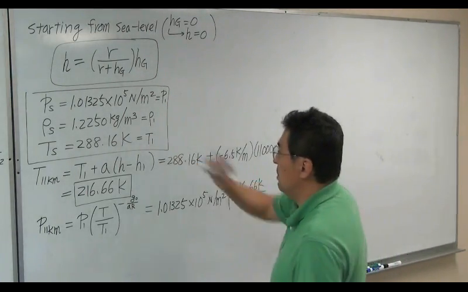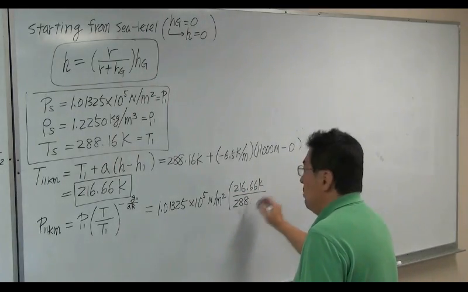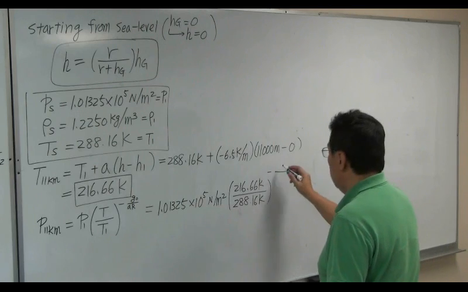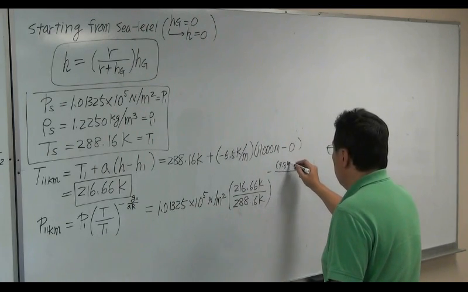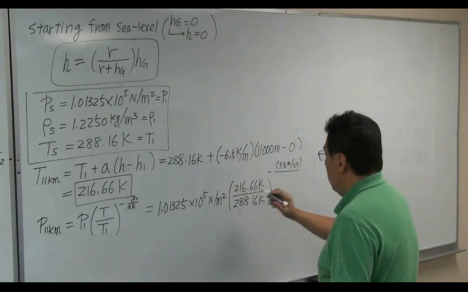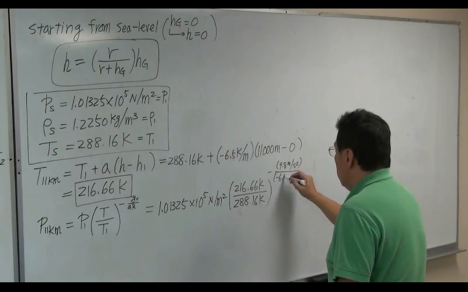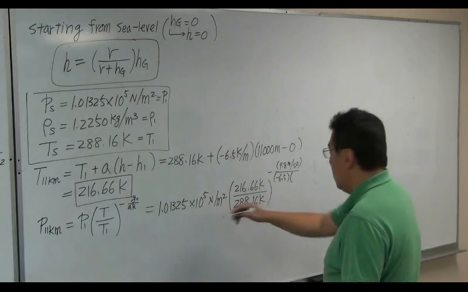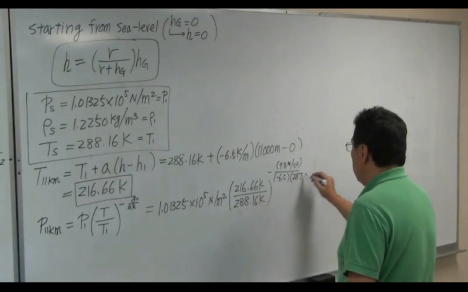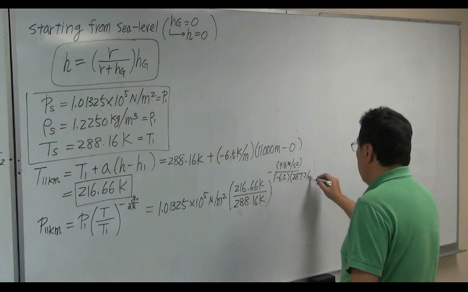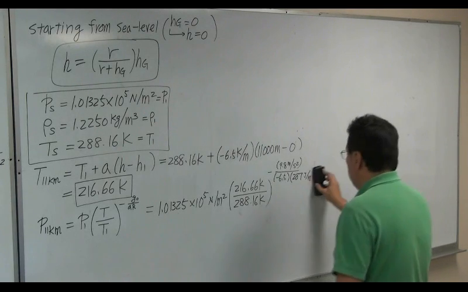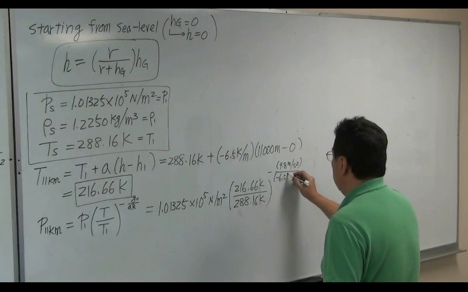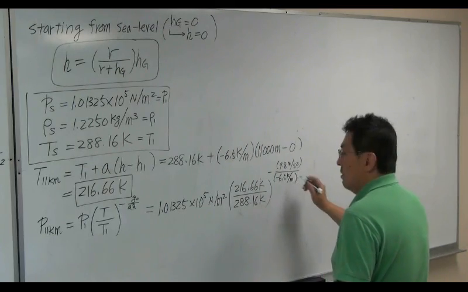T1 is this, 288.16 Kelvin, to the power of minus G0, which is 9.8 meters per second square, over the lapse rate, minus 6.5 Kelvin per meter, times the gas constant 287 Joule per kilogram K. Let's not be lazy. I'm going to put the units. Kelvin per meter. No.